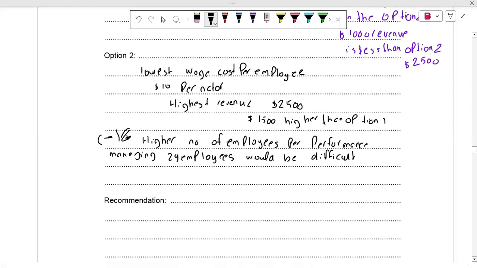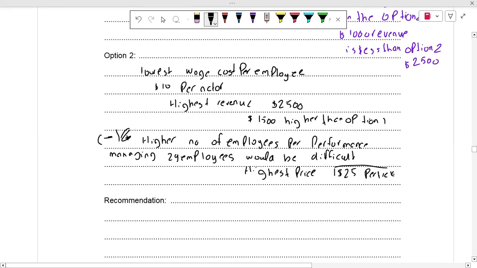Okay, and there is basically the highest cost of the two options, which is 2,240 per performance, and there will be the highest price also, which is $25 per ticket, or you can say per seat.